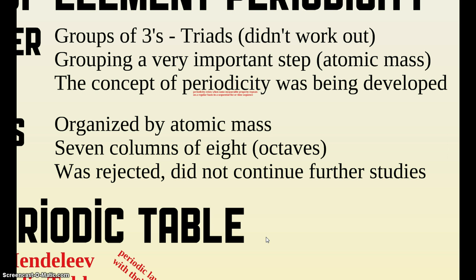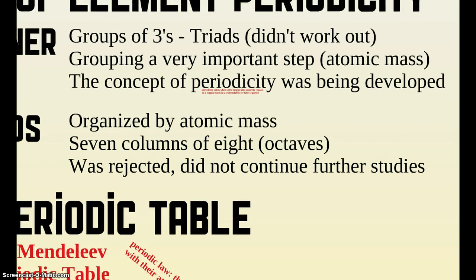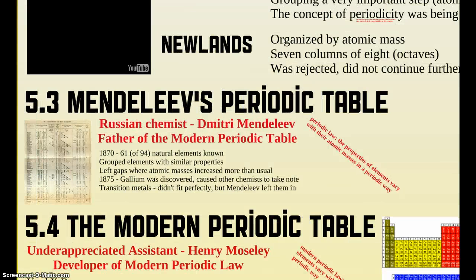All right, from there, we come to who we call the father of the modern periodic table, Dmitri Mendeleev. He was a Russian chemist and teacher. The story goes he was trying to help his students understand the periodic table, and that's how he came up with it.